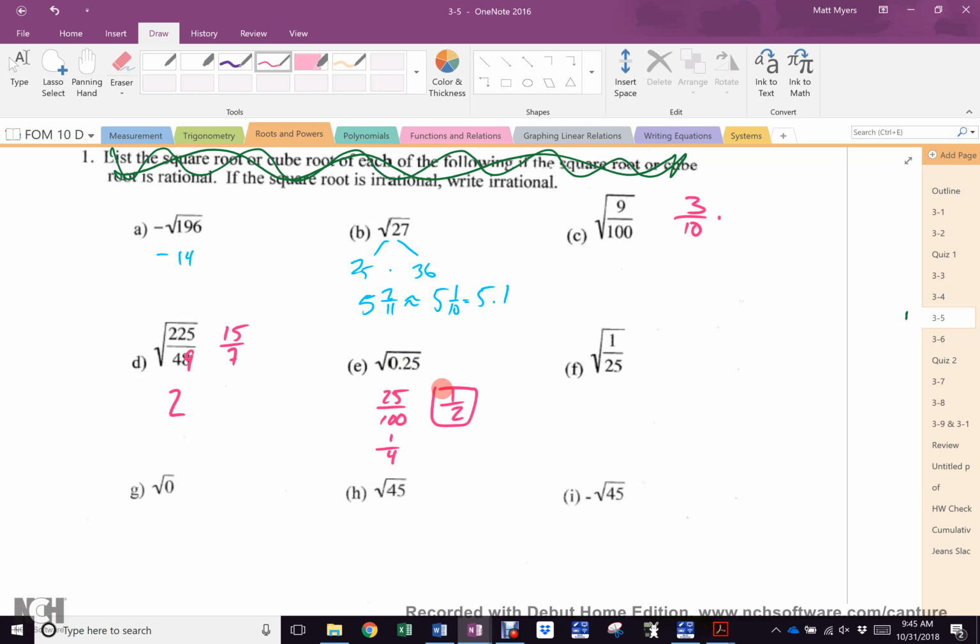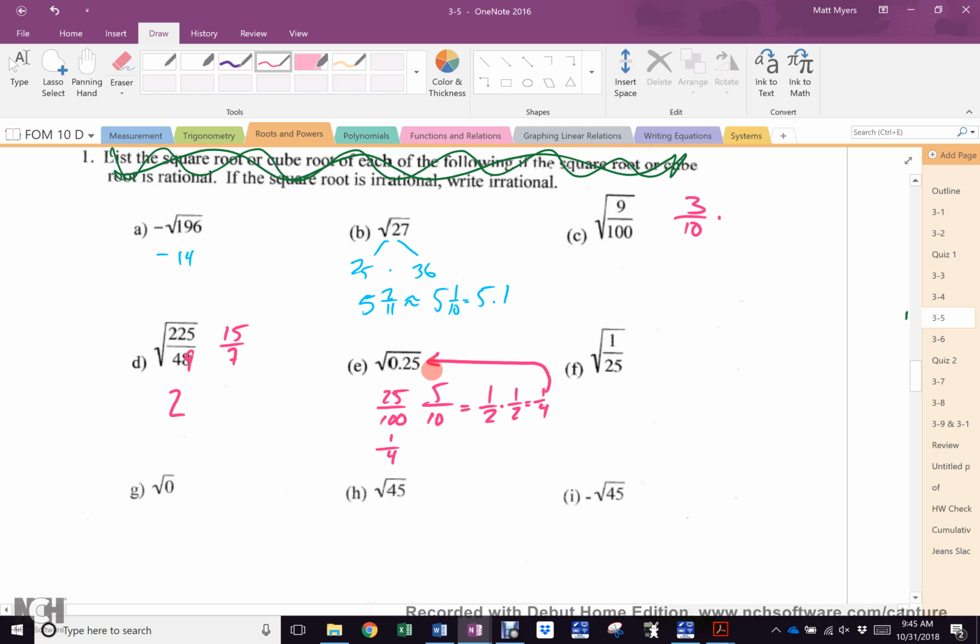Now, I heard a lot of people go, what? If there was no 100 there, what's the square root of 25? 5. If there was no 25 there, what's the square root of 100? 10. 5 over 10 is 1 over 2. And 1 over 2 times 1 over 2 is 1 over 4, which is 0.25.